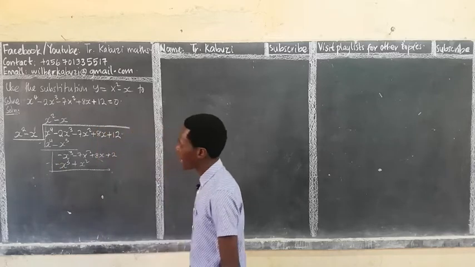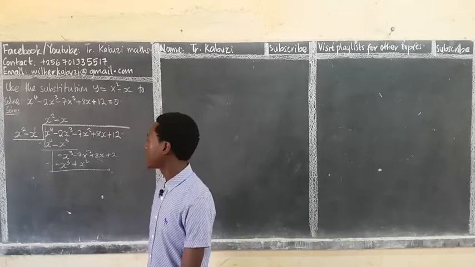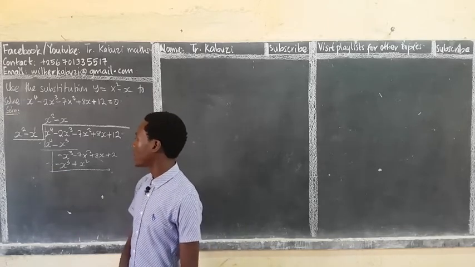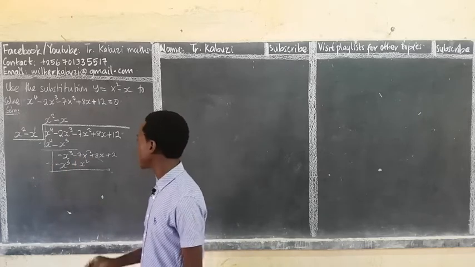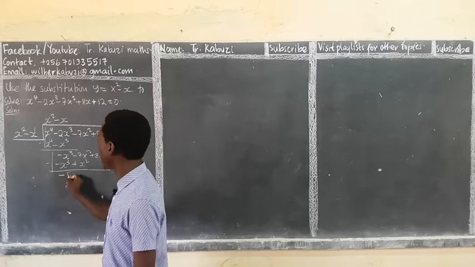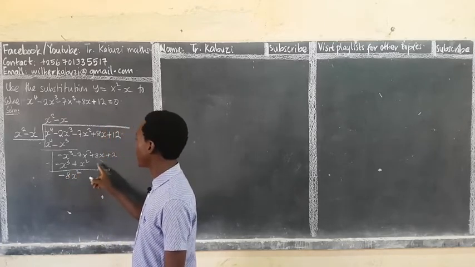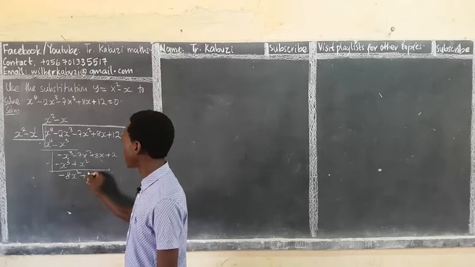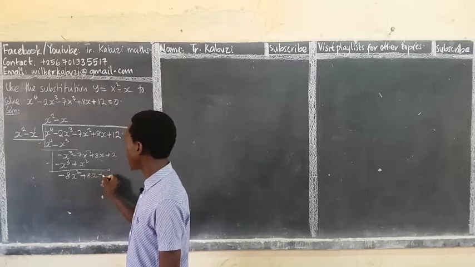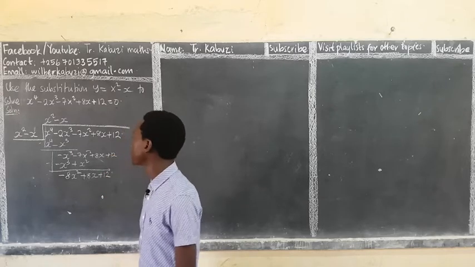Negative x cubed minus negative x cubed gives 0. Then negative 7x squared minus x squared gives negative 8x squared. You see there are no corresponding terms, so I just write these just below there: plus 8x plus 12.